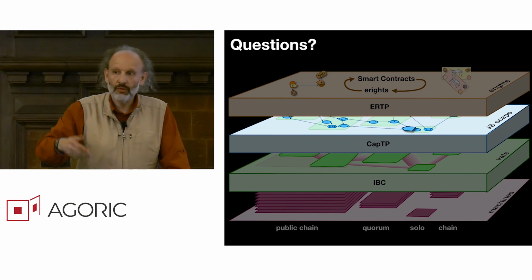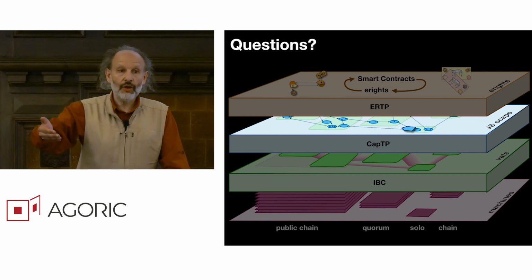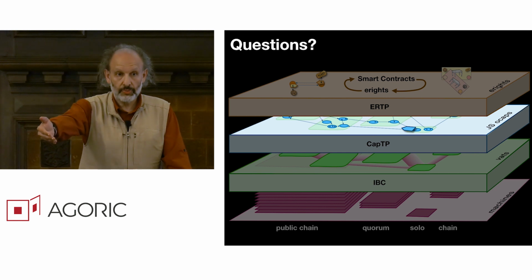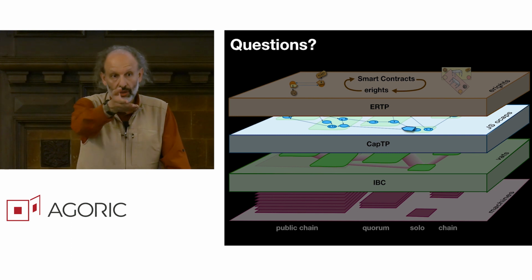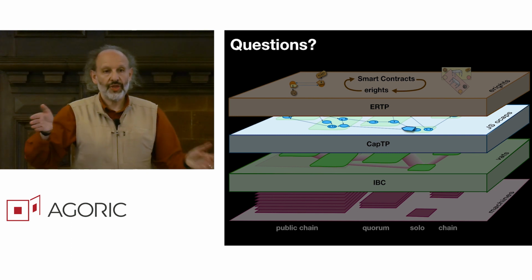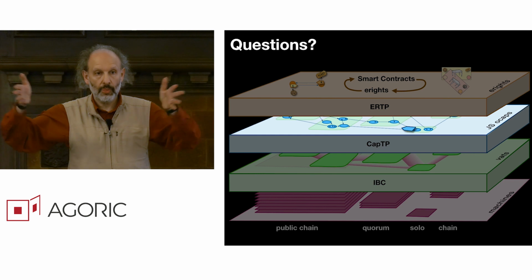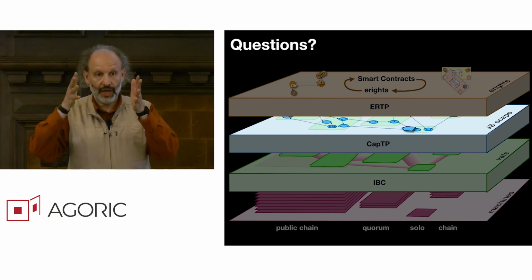Likewise, we're collaborating with Cosmos on creating the IBC, the inter-blockchain protocol. Cosmos has many other plans for the inter-blockchain protocol that are not part of the Agoric stack. So we're collaborating with things relevant to many other players, but all of which are relevant to the stack we're building.